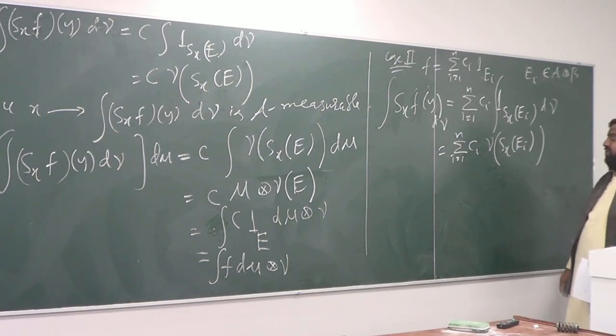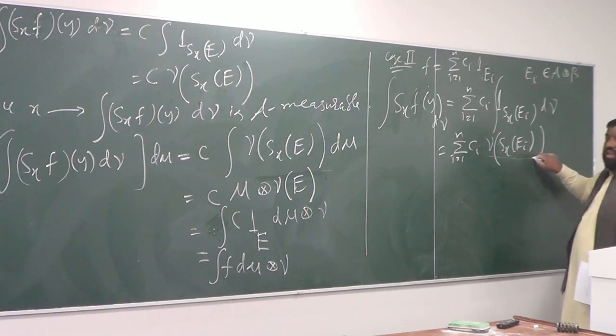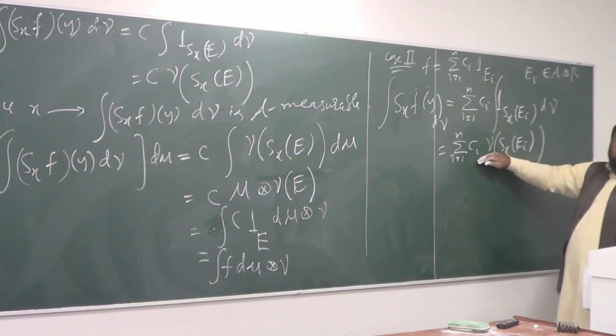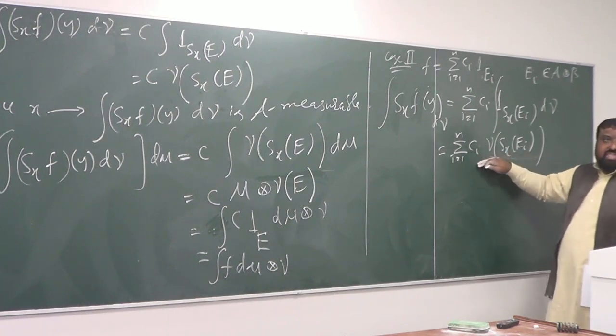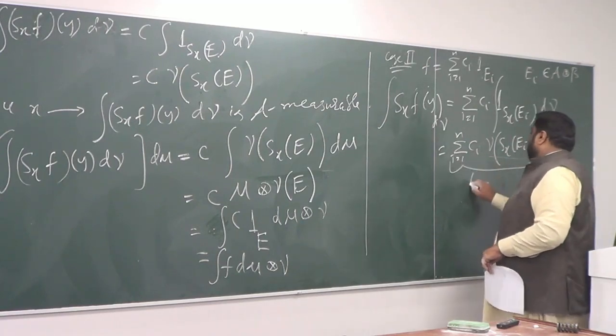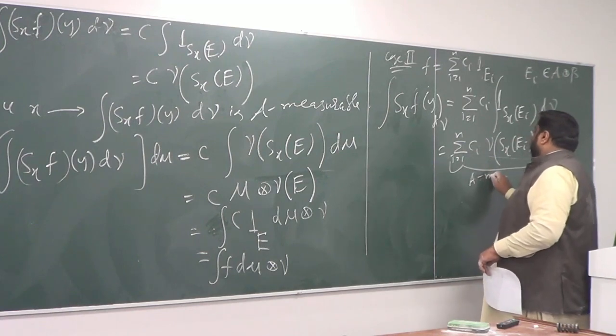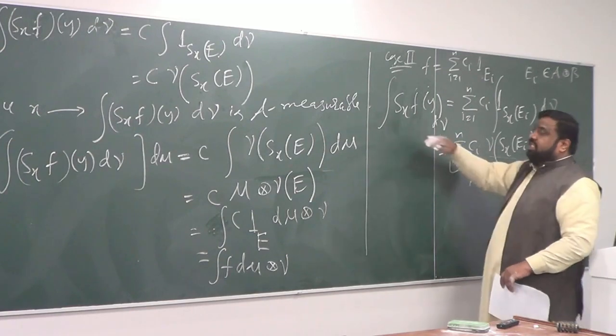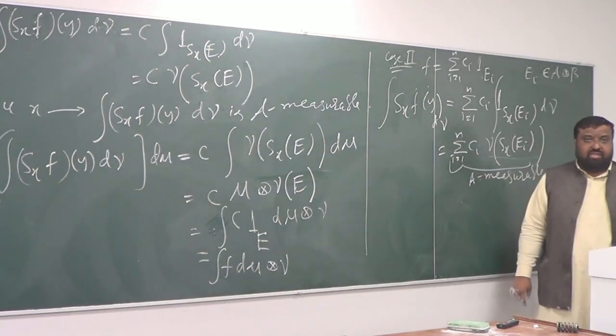And then, as argued previously, this map is measurable. So this nu of the section is measurable, multiplied by c_i is also measurable, so the sum is measurable. So this whole thing is measurable.